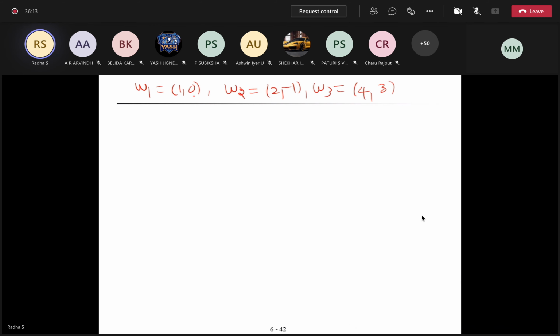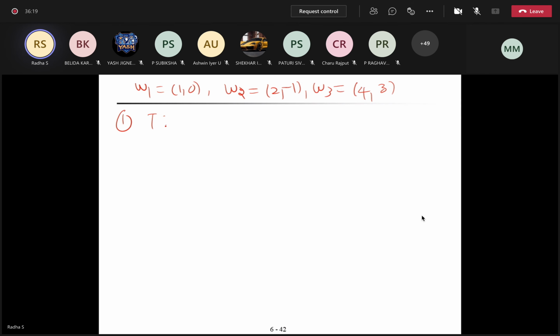Okay, so see here. These are the 3 values that are given. Now the first question is T is a linear transformation from R cube to R square such that, one more thing is given, alpha is E1, E2, E3, and T of E1 is W1, T of E2 is W2, T of E3 is W3.